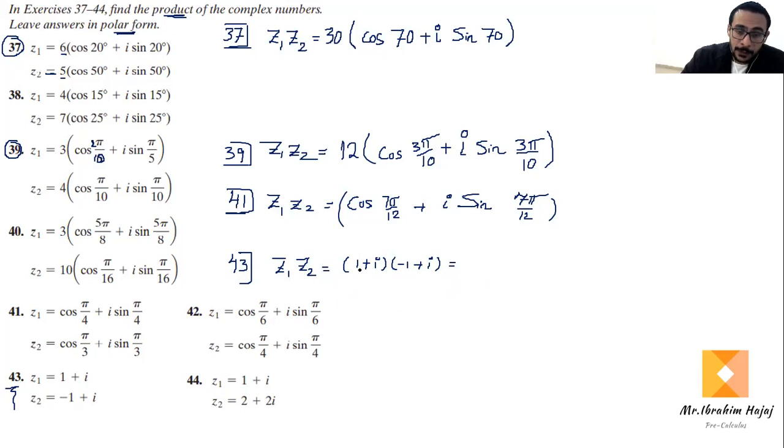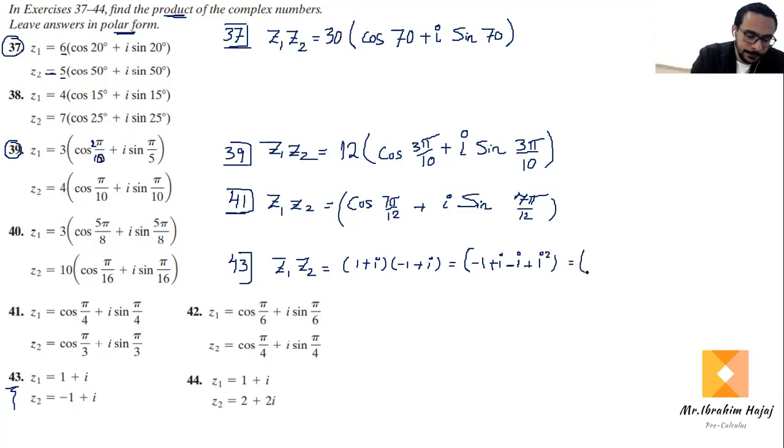Yes, we can. Minus 1, and then minus i if I'm right. And it's negative 2i. 1, and then plus i minus i, and then negative 2i plus i squared. Yes, right. Plus i squared.